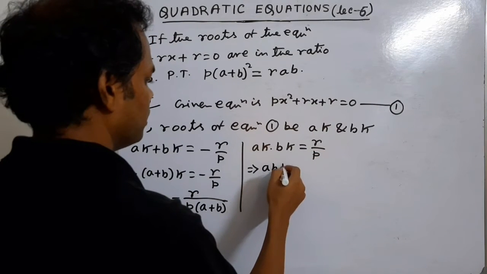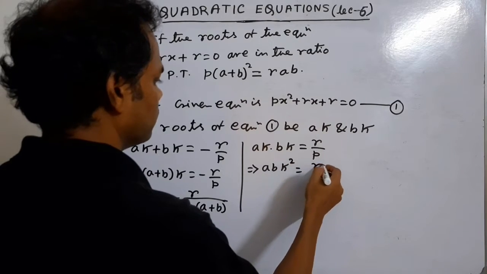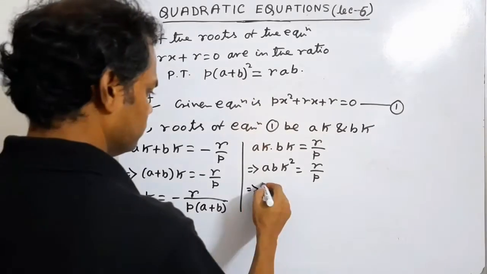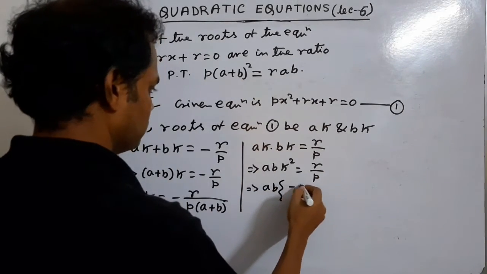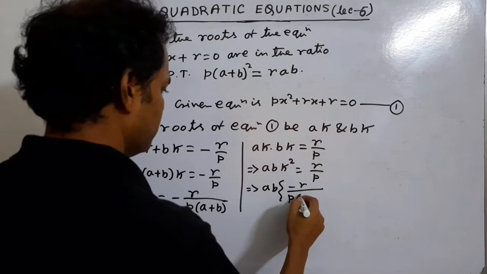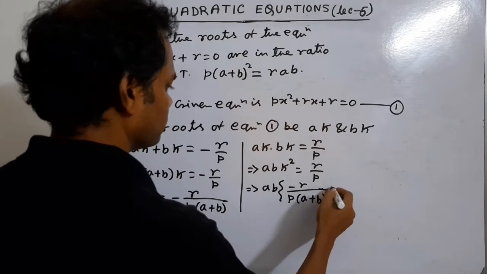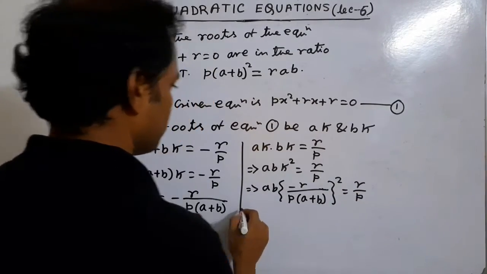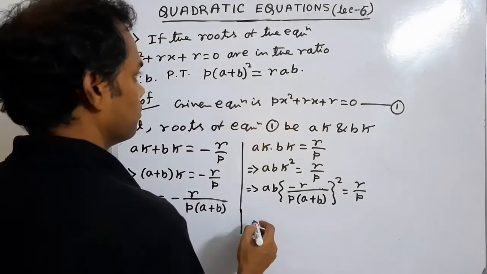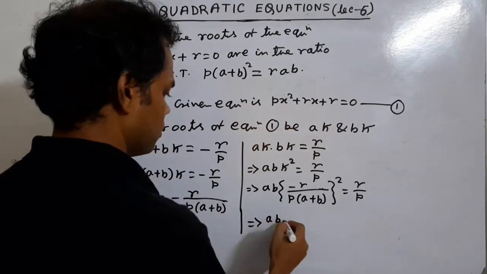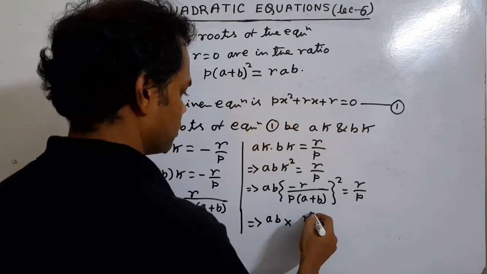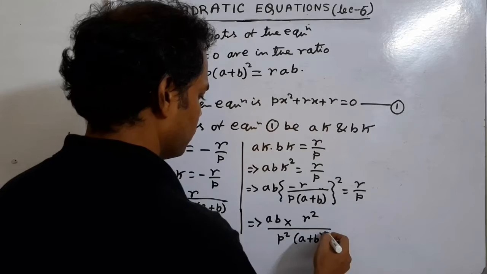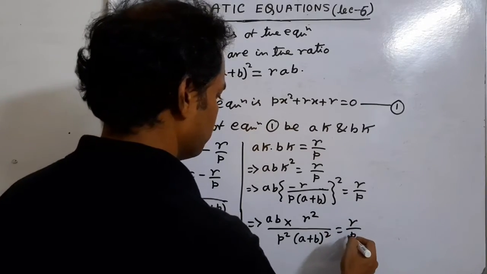So ab k square equals r by p. So k is replaced by minus r by p into (a plus b), equals r by p. Squaring, minus r whole square is r square, and the denominator part is p square into (a plus b) whole square, equal to r by p.